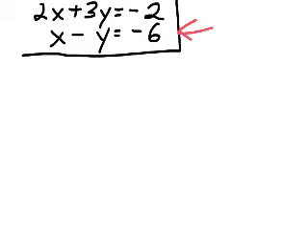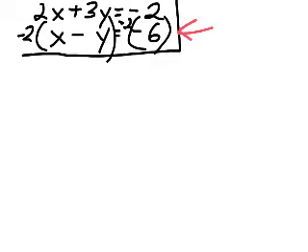And that's what I'm going to do. I like that idea the best. But you know, you do what's easiest for you. So, -2 times this side, and a -2 times this side.